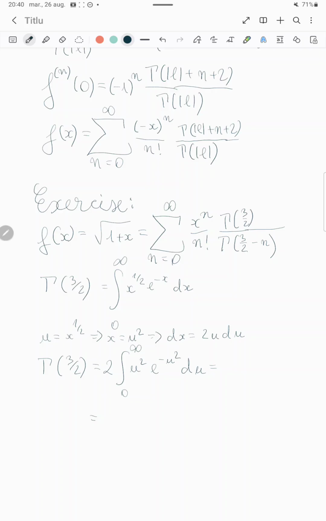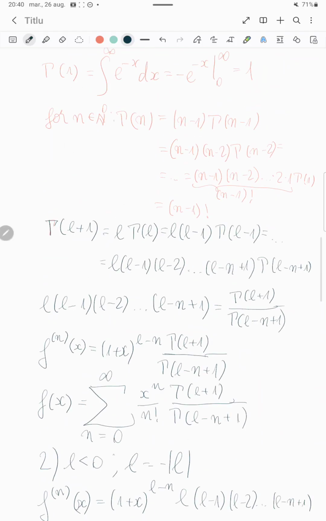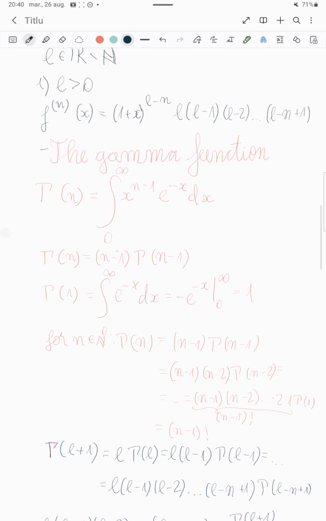That is going to be similar to something that we've studied in some other videos of mine. I'm just going to show you immediately. Here I'm going to do a little bit of integration by parts, the same technique that can be used to prove this relationship.